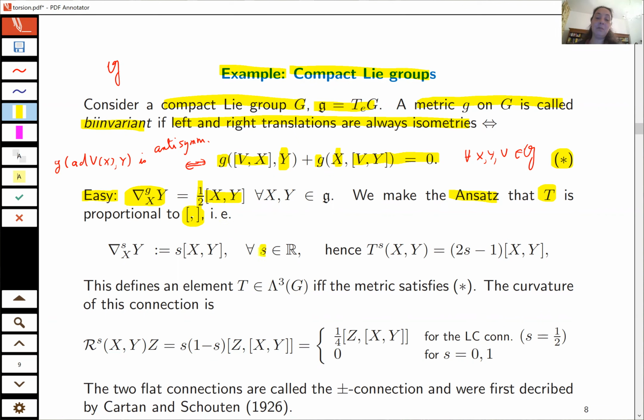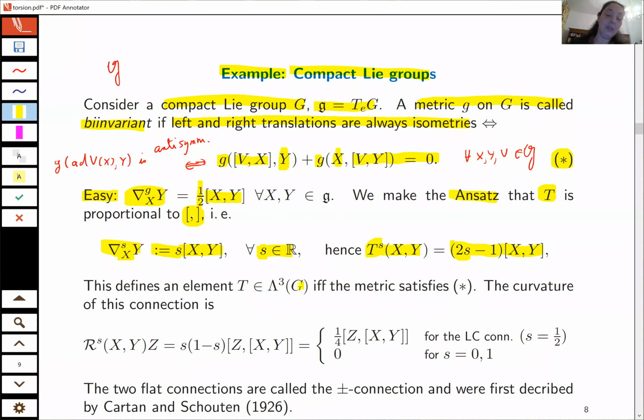So we pick a parameter s in the real numbers and define nabla s x y as being s times the commutator. Then you plug in the formula for the torsion, and you realize that for this connection, the torsion is given by 2s minus 1 times the commutator. And now happens the nice thing, namely, we ask ourselves, when is this element a three-form?